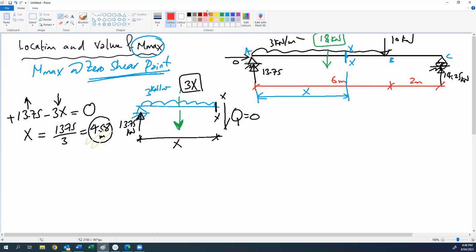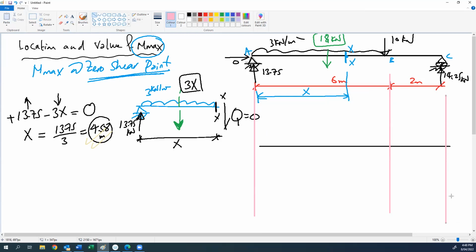If we again draw the moment and the shear diagrams, this is our shear diagram. These are our guidelines. The shear diagram here was 13.75, here 4.25, 14.25, and 14.25.